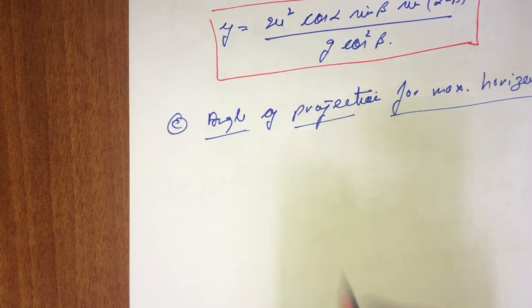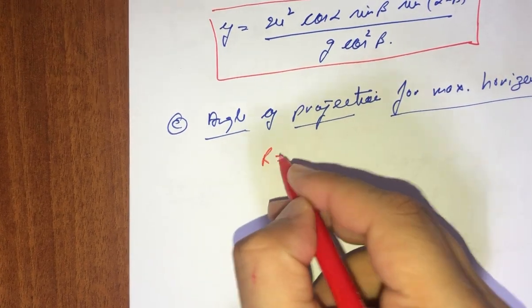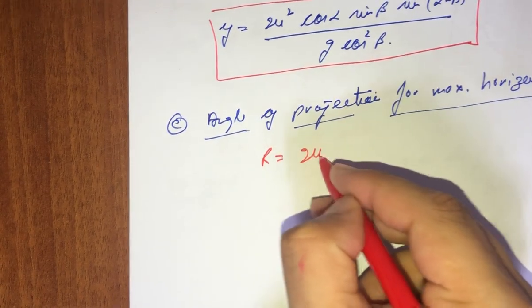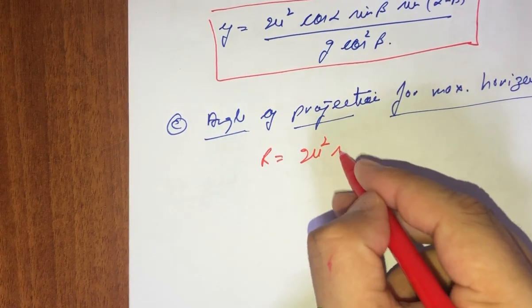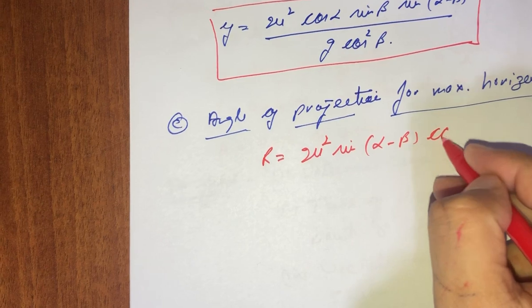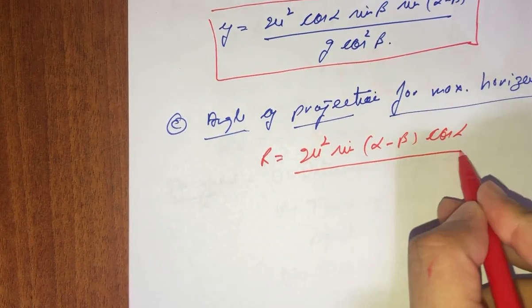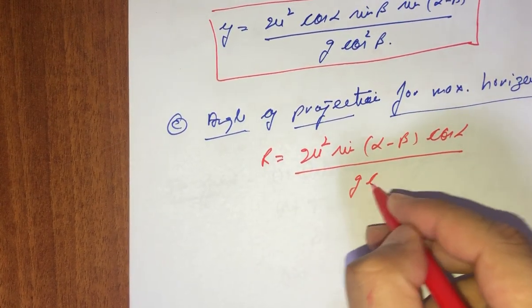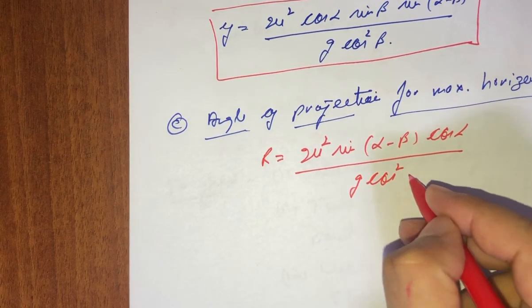So the range we already know, R is equal to 2u square sine of alpha minus beta cos alpha divided by g cos square beta.